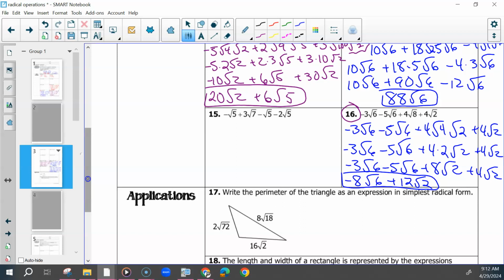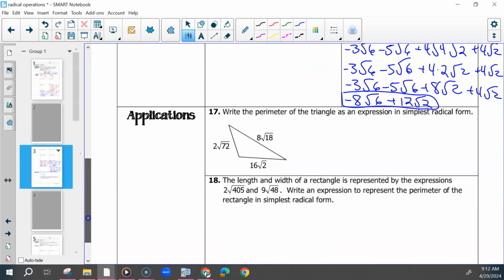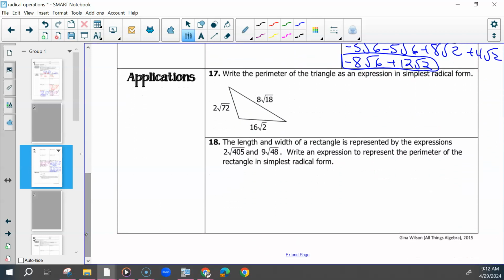Okay, we're going to skip 17. Perimeter of a triangle, you would just add up all of these, so it's very similar to what we were just doing. Perimeter of a rectangle, if you want to draw out the rectangle, you can. For our visual people. But in this, you would just have to remember that this is there twice.